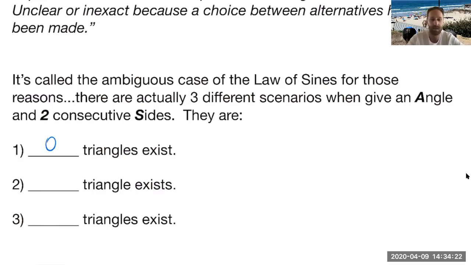Okay. Most of the time, of course, we're going to have one and only one triangle. But that special case that can actually happen when we have this scenario, and you don't want to look like an ASS, make sure you check for it. There's a possibility of actually two triangles that can exist given an angle and two sides.